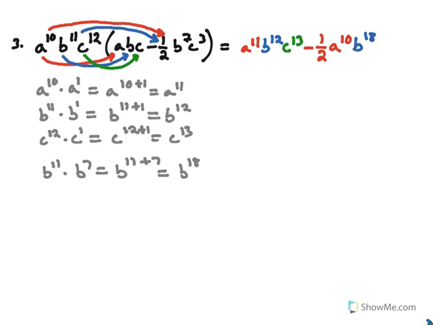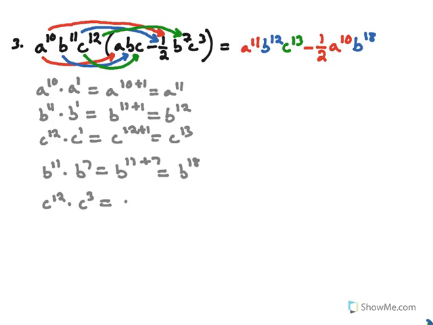And then our final multiplication is the c, and we're going to multiply that with everything here. When you do that, you are multiplying c to the 12th times negative 1/2 b to the 7th c cubed. So we're going to do c cubed.